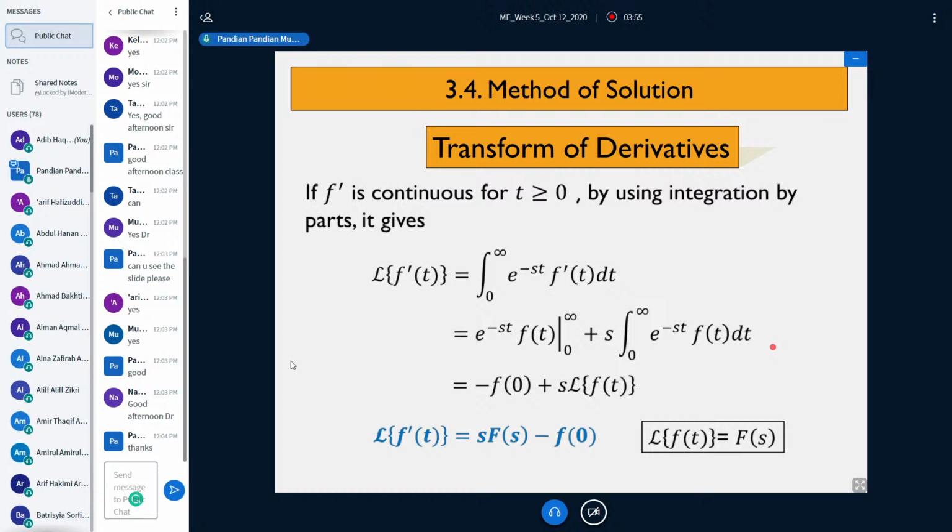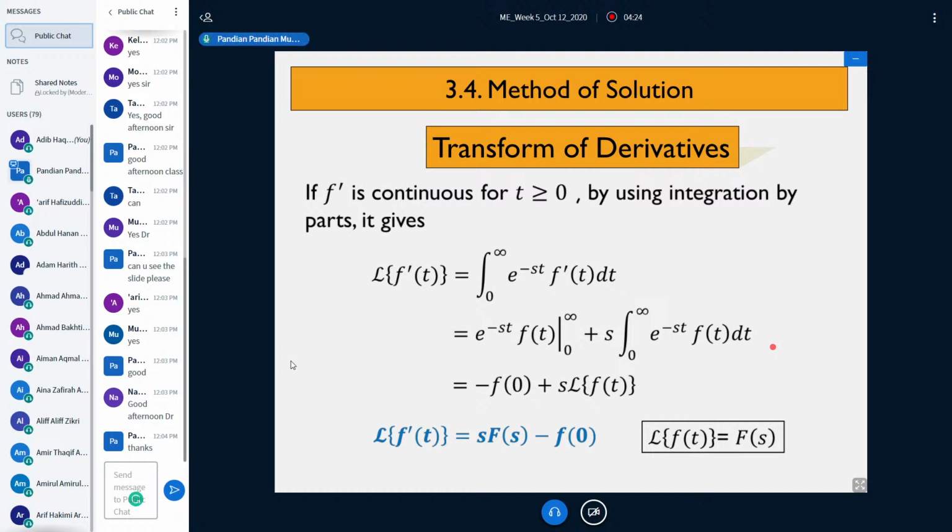Just to tell you a little bit on that, but as we go along with the slides, I will explain in more detail. At the moment, we want to know what this method of solution is. First, you must know the derivatives, because we are solving the differential equation using the Laplace method.